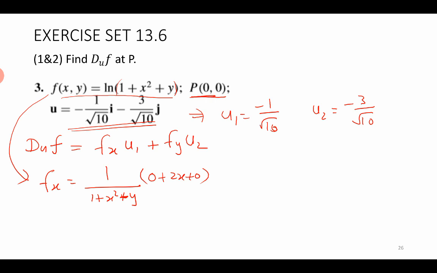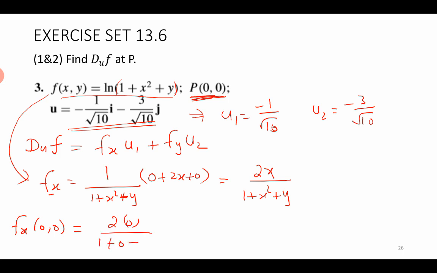Simplified, this is 2x over (1 plus x squared plus y). Now fx at the point P, fx at (0, 0): 2 times 0 over (1 plus 0 plus 0), the answer is 0. So the first term is 0.